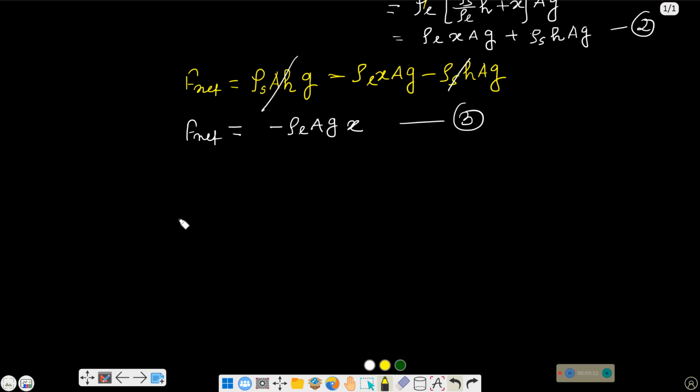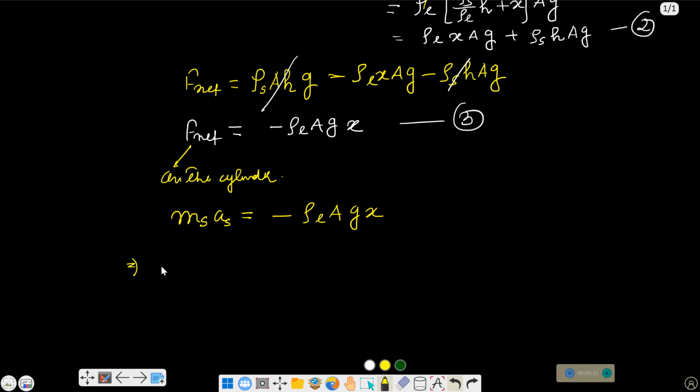This F net is on the cylinder, right, on the cylinder. If we write the force equation, then we have mass of the cylinder into acceleration of the cylinder equal to minus rho L A G X. So this will be the force equation.